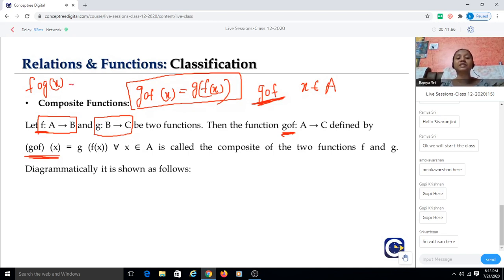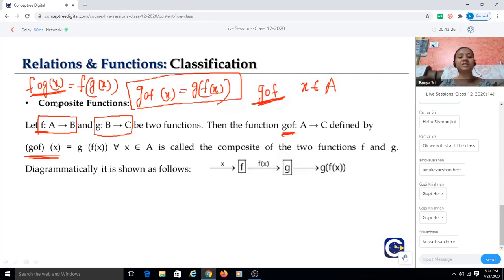But here the representation is different, because here it will be f of g of x, which means we are substituting the function g of x in the function f of x, right? So this is how we represent our composite functions, from our standard functions f and g, right?